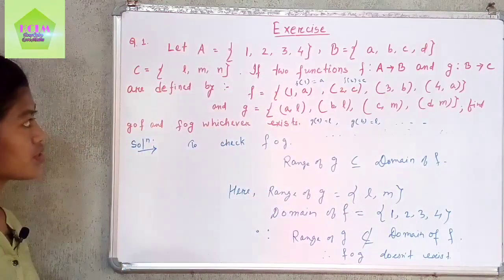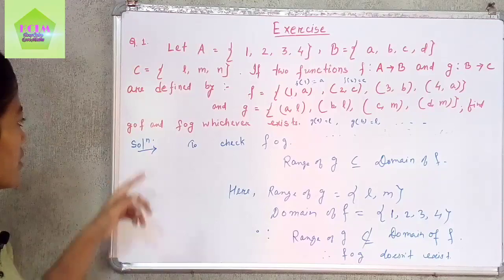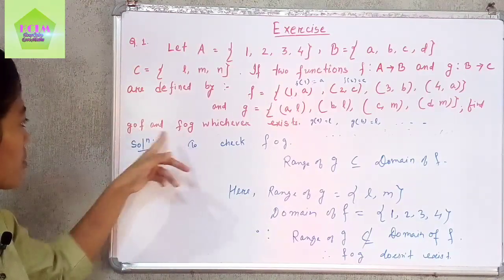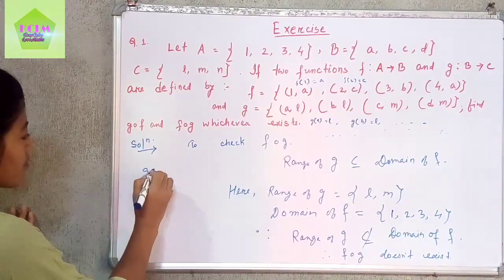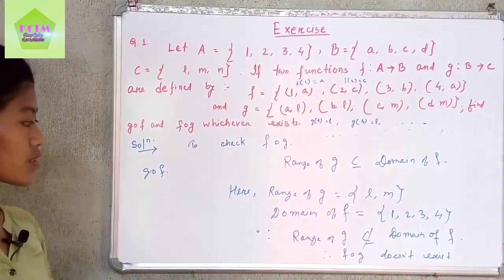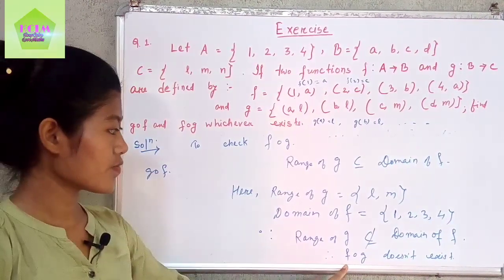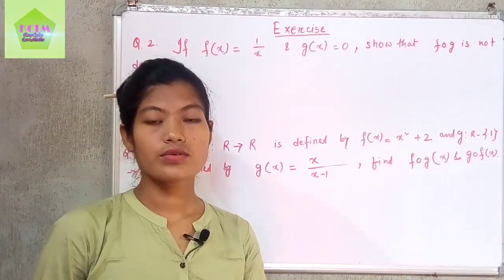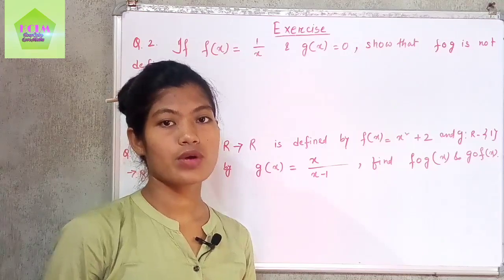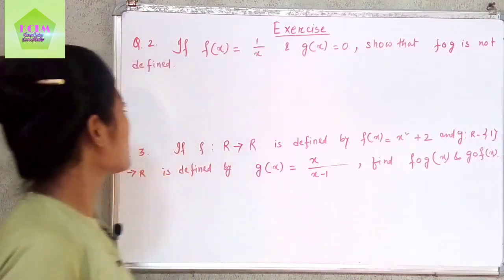So this is the question. We need to check whether these two composite functions exist or not. So we can see g∘f exists, but the function f∘g never exists here. So this is done. Now the other questions, question number 2 and question number 3 are here.